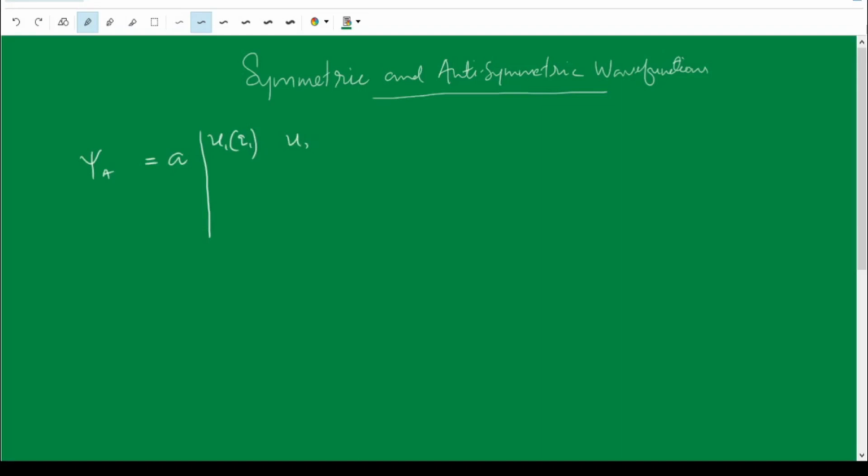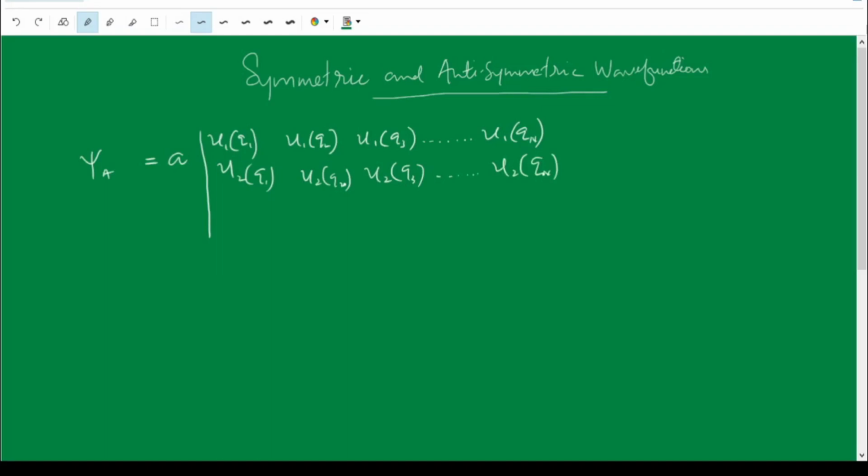Then u1 of q2, argument of the second particle, u1 of q3, etc., to u1 of qn, or you can simply put 1, 2, 3, etc. Then u2 of q1, u2 of q2, u2 of q3, up to u2 of qn.